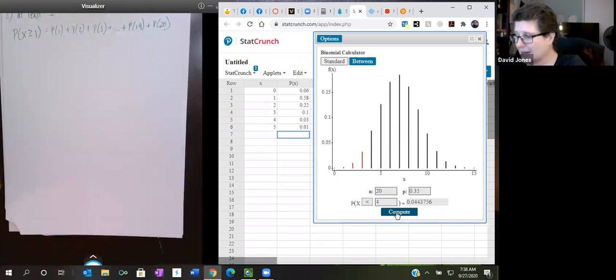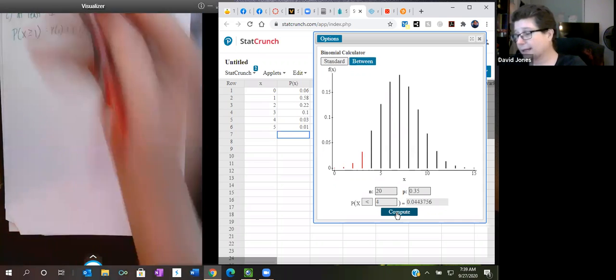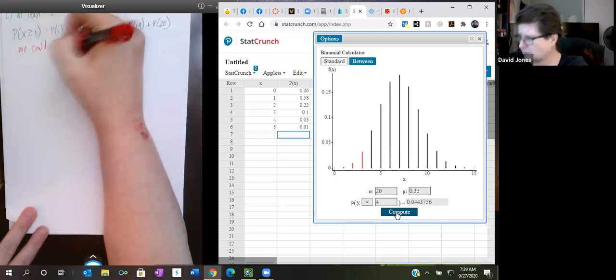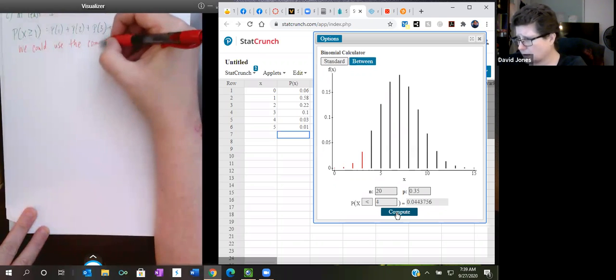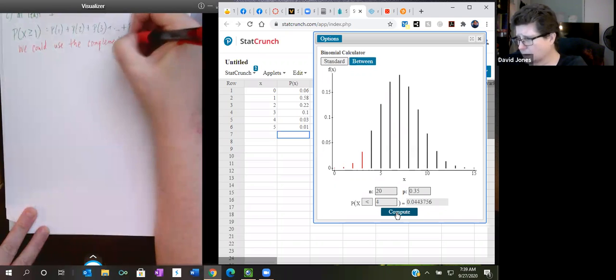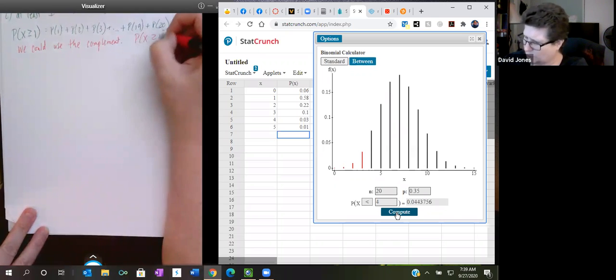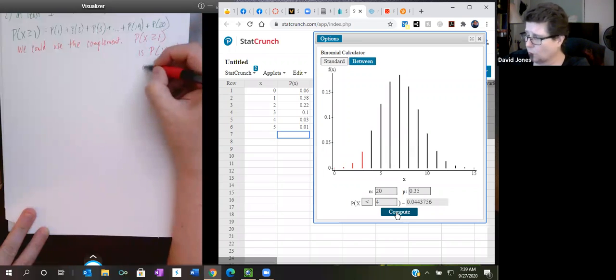We do have the option. Remember, the sum of all probabilities has to equal 1. We could use the complement. The complement of probability x greater than or equal to 1 is the probability x is less than 1, or the only value less than 1 is 0.